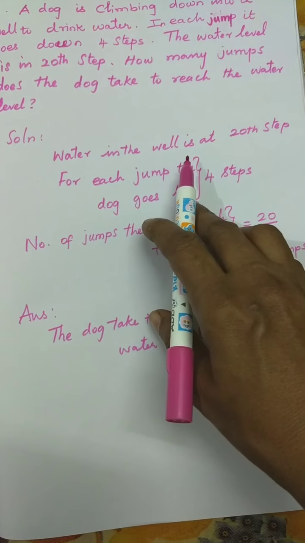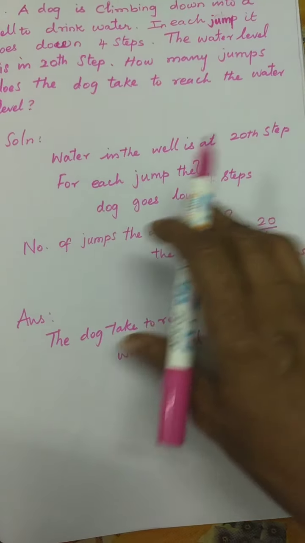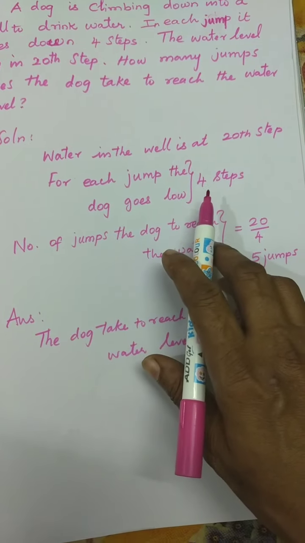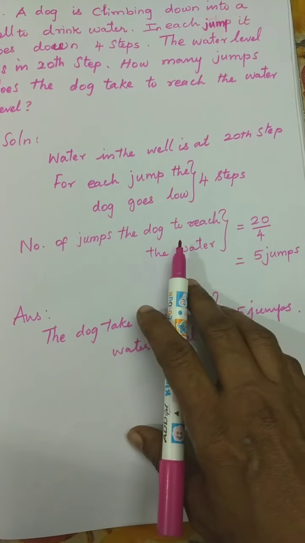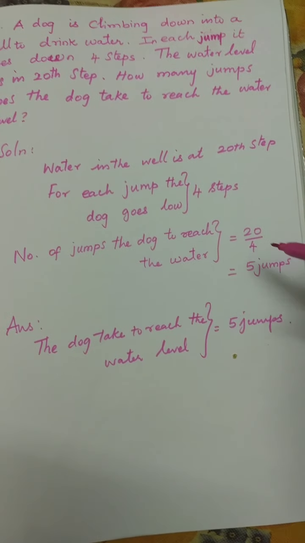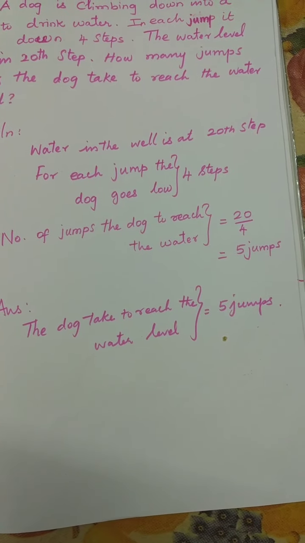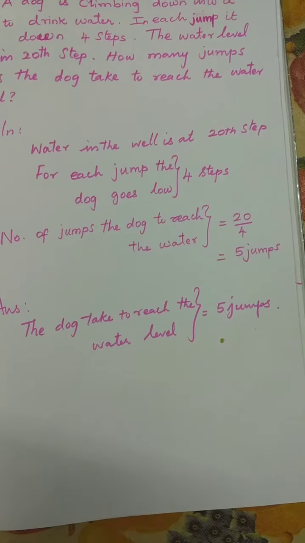Water in the well is at the 20th step. Isn't it? For each jump, the dog goes down 4 steps. The number of jumps the dog takes to reach the water is 20 divided by 4. So, in 5 jumps, it reached the water. The dog reached the water in 5 jumps.